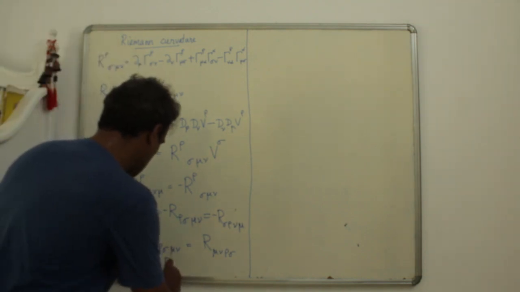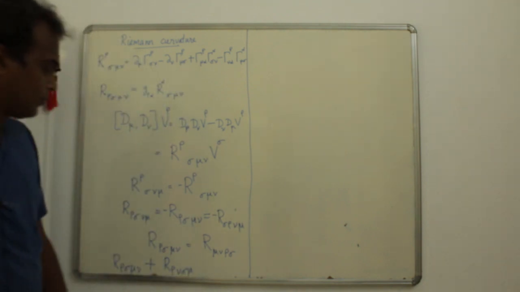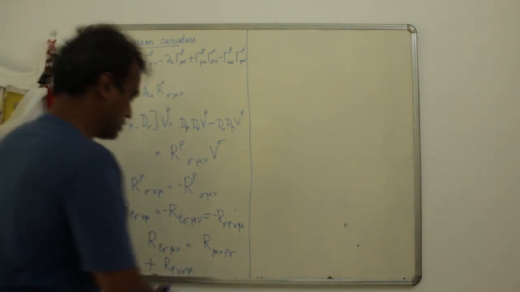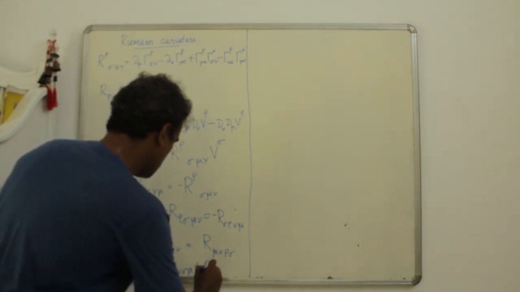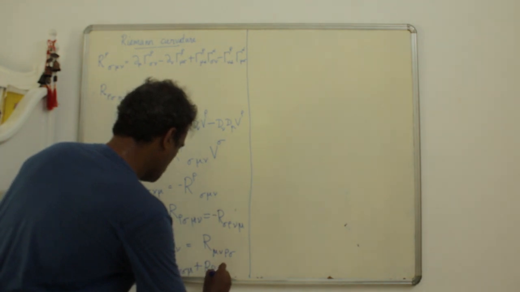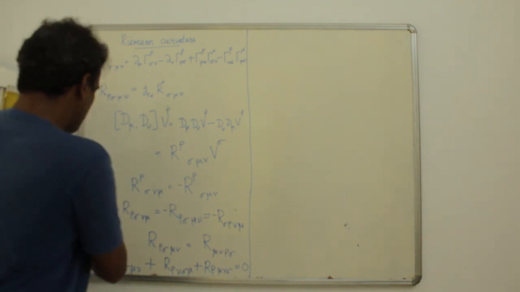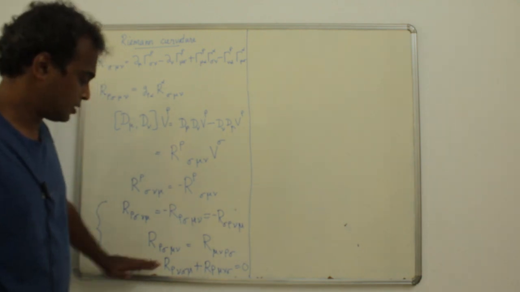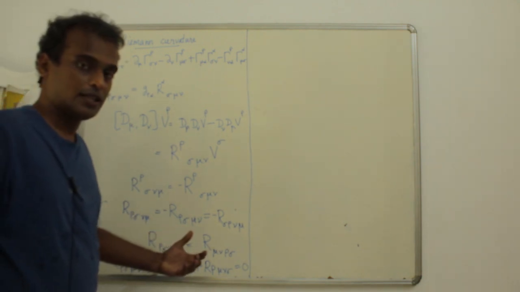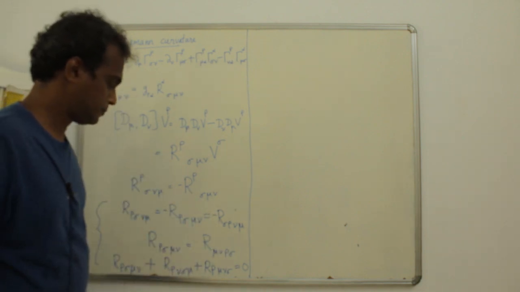I'll get R rho nu sigma mu, and do one more such cyclic permutation, R rho mu nu sigma. The sum of all these three components must be 0. So these are the three symmetry relations that relate various components of the Riemann-Christoffel curvature tensor.